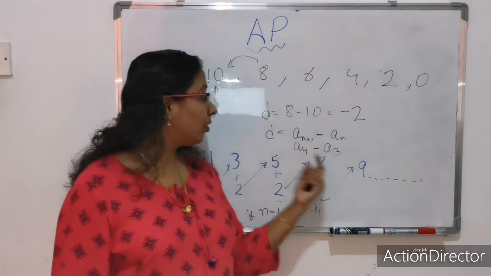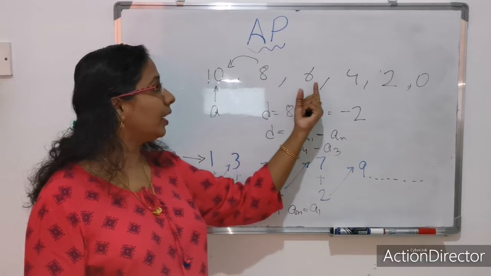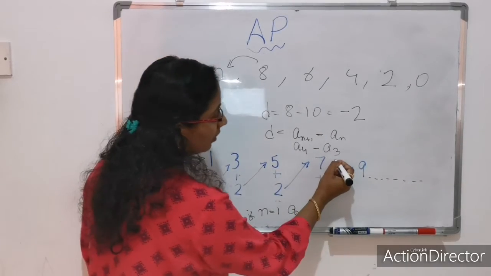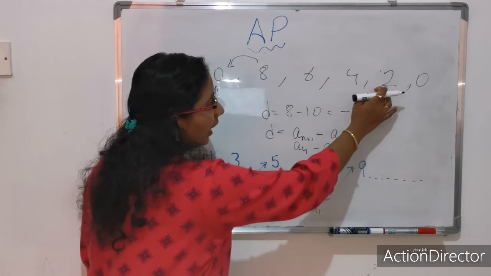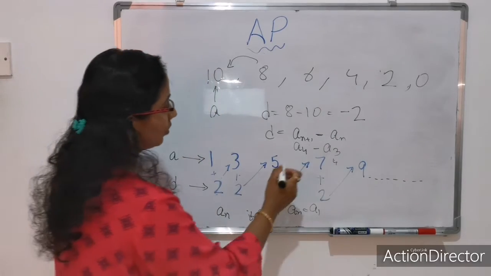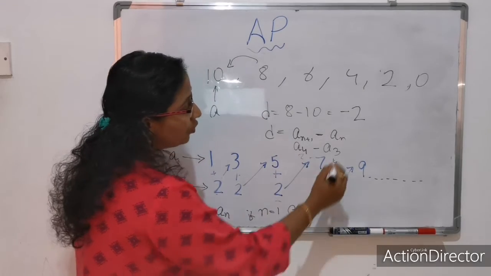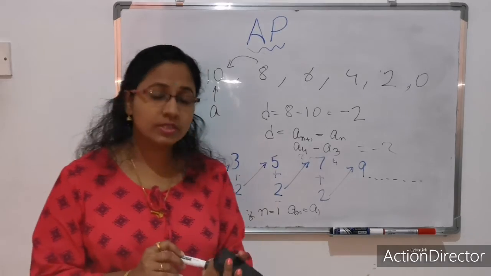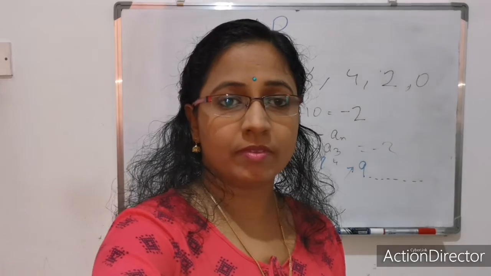Now a3 is the third term, a1, a2, a3. And a4 will be 2. So 2 minus 4, that is minus 2. So this is the way you have to find the APs.